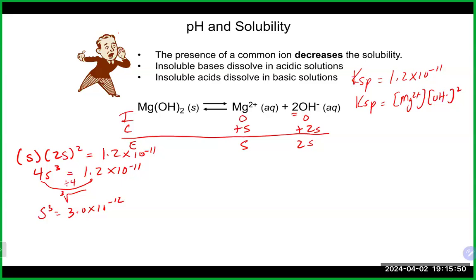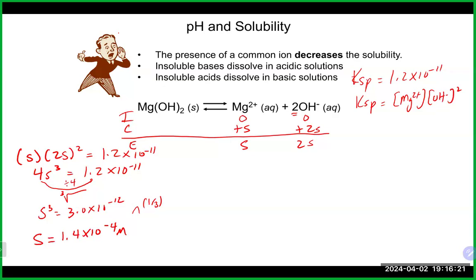Taking the cube root, if you don't have a button to do that, you can use the caret and 1 divided by 3, which does the cube root for you. We get a molar solubility of 1.4 times 10 to the minus 4 molar.